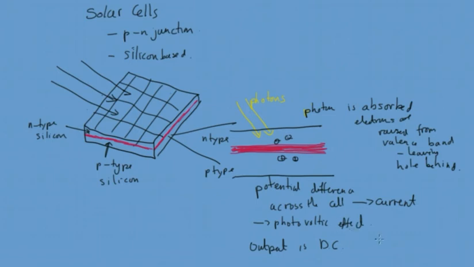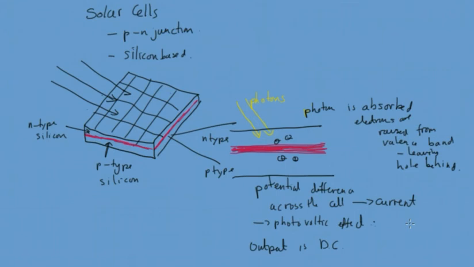The photovoltaic effect was first observed as far back as 1839 by Becquerel, who is famous for his work on radiation. And the first solar cell was made as far back as 1883, but obviously it wasn't a technology that they could utilise at that time.